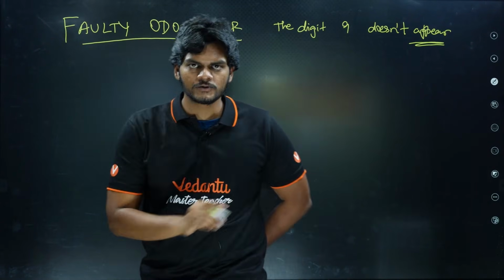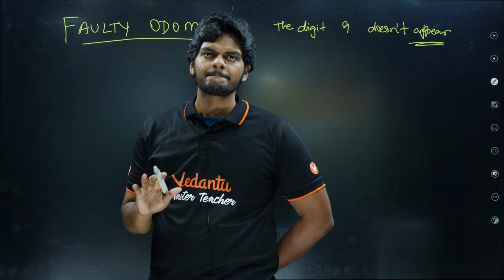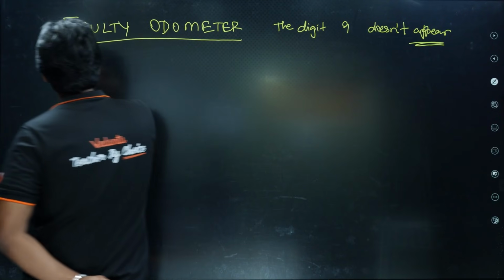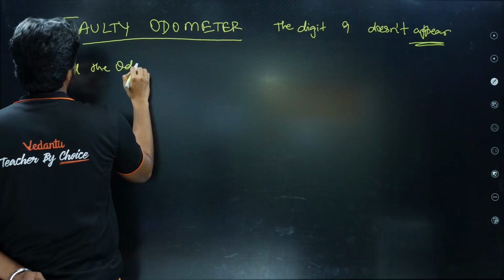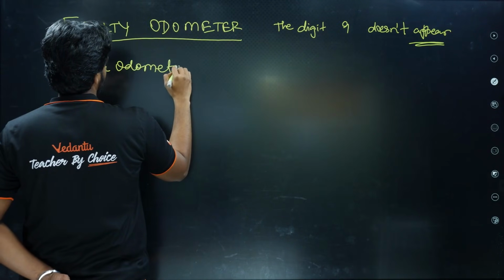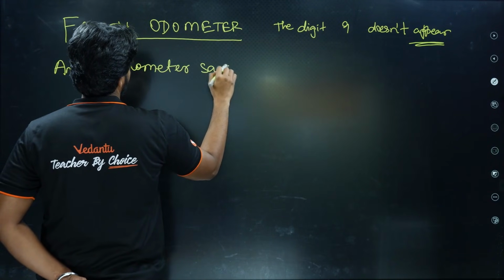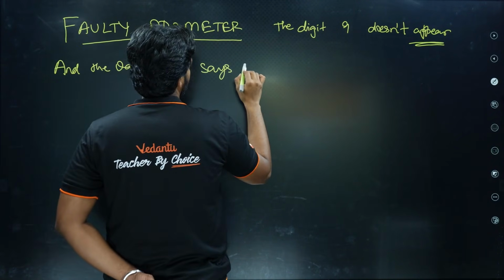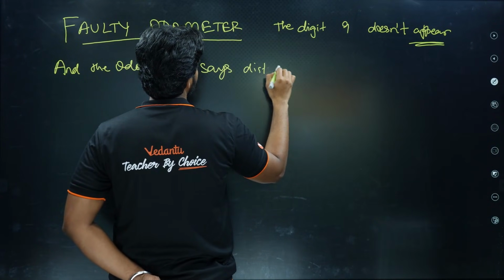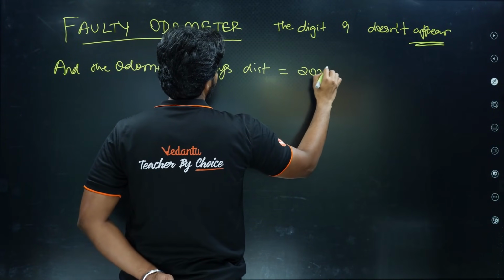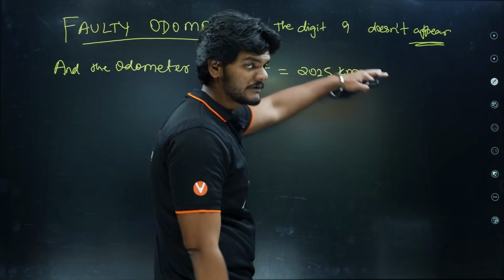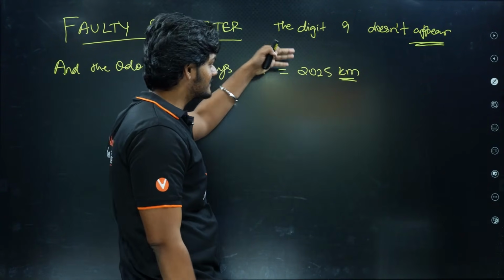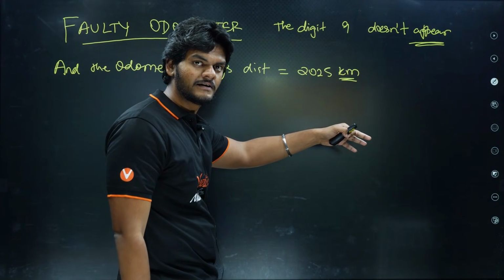The digit 9 is not appearing, and the odometer says the distance traveled is 25 kilometers, but it is faulty, it is not working, but it says it is 25 kilometers.